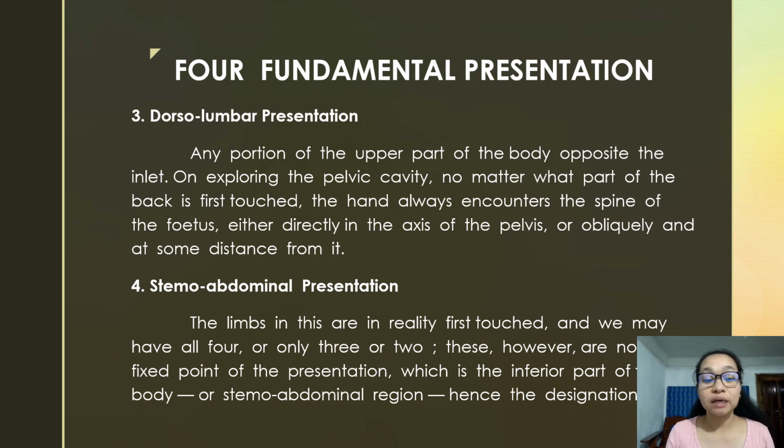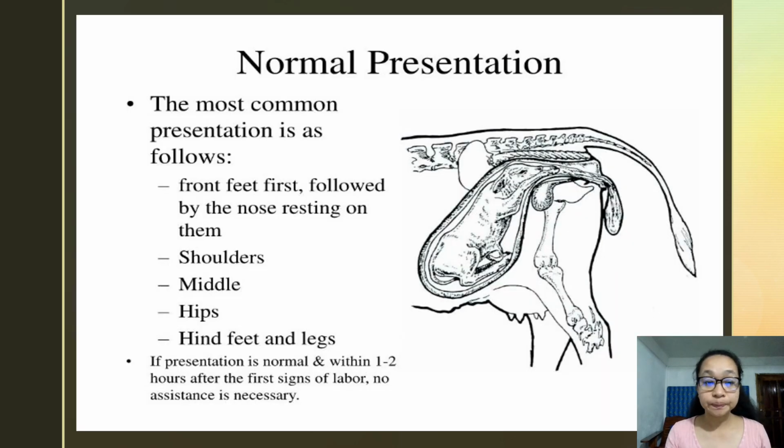The last, number four, is the sternoabdominal presentation. The limbs in this are in reality first touched, and we may have all four, or only three, or two. However, these are not the fixed point of the presentation, which is the inferior part of the body, or sternoabdominal region. Hence, the designation.